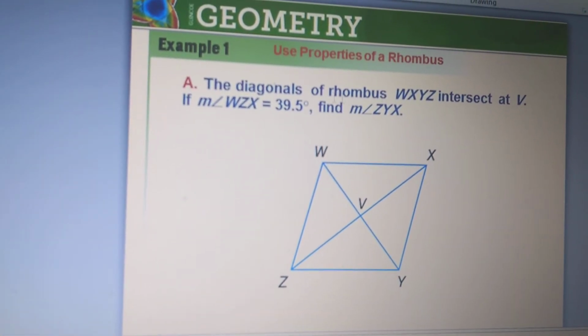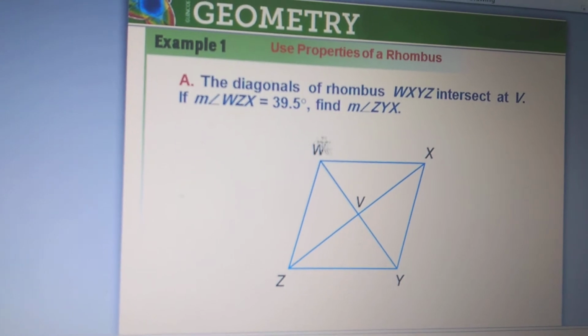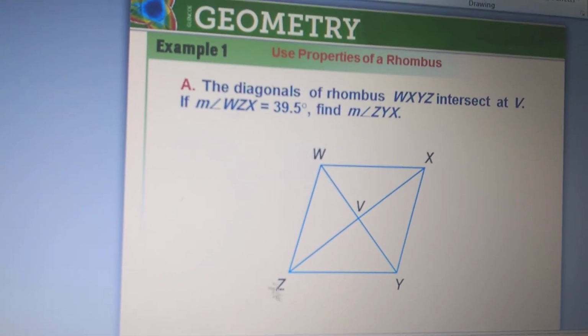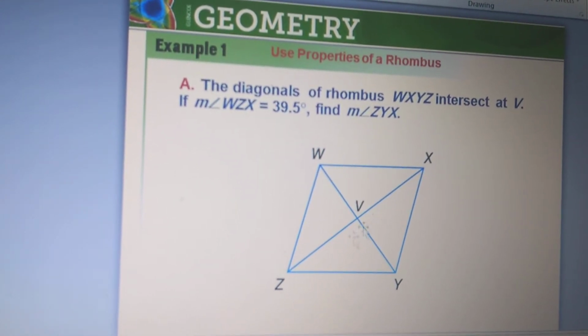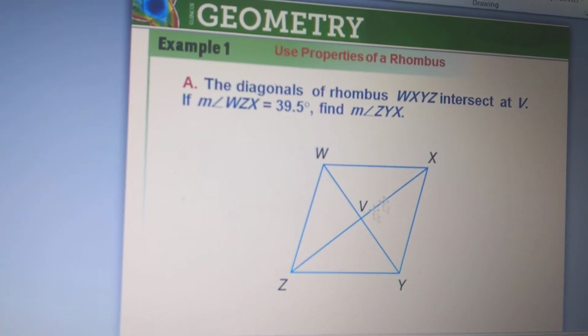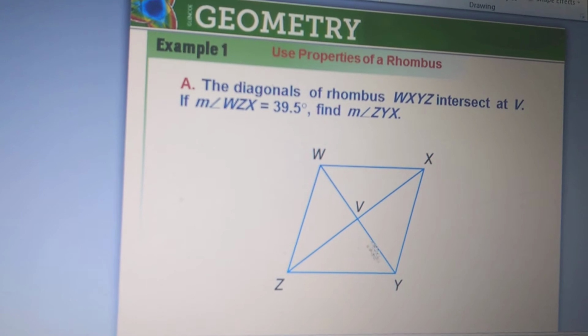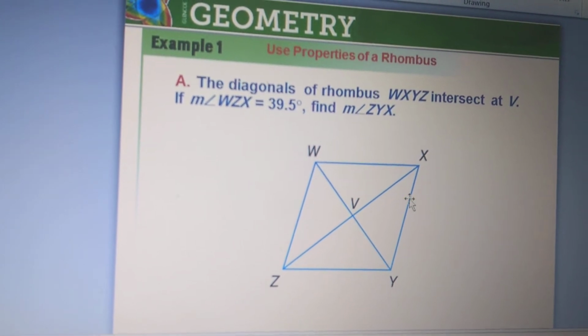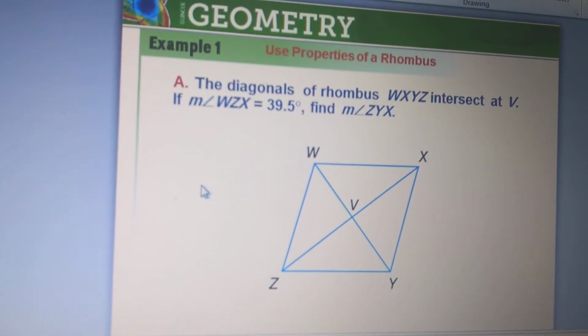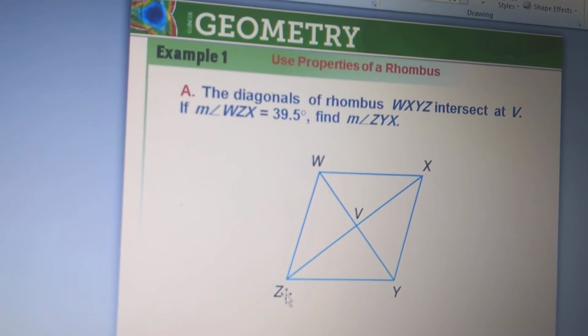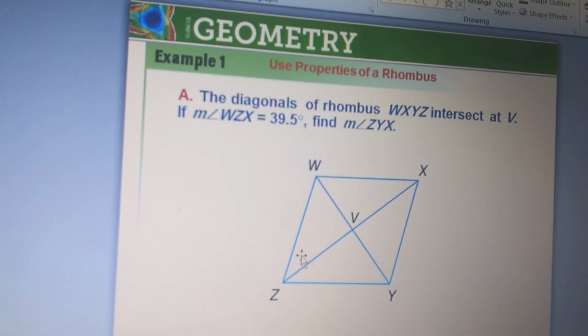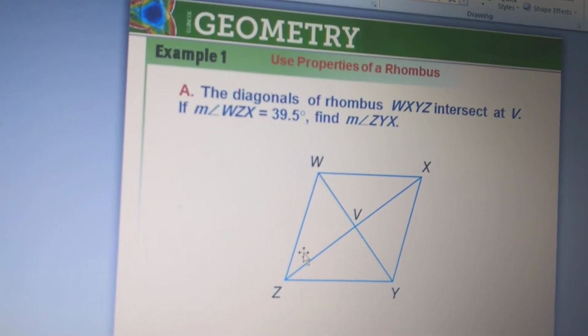The diagonals of rhombus WXYZ intersect at V. Diagonal XZ and diagonal WY intersect at point V. Angle WZX, this one, equals 39.5.